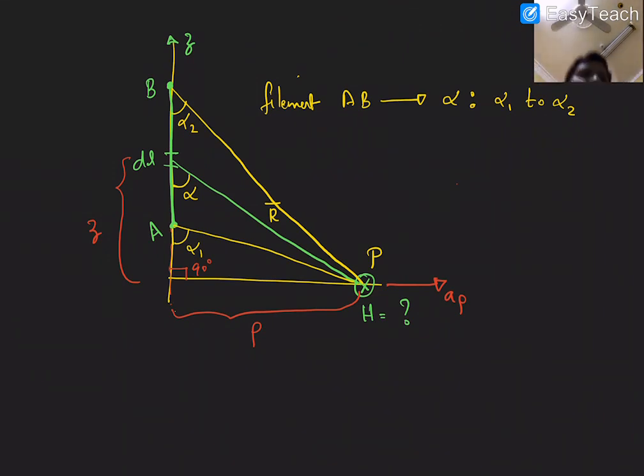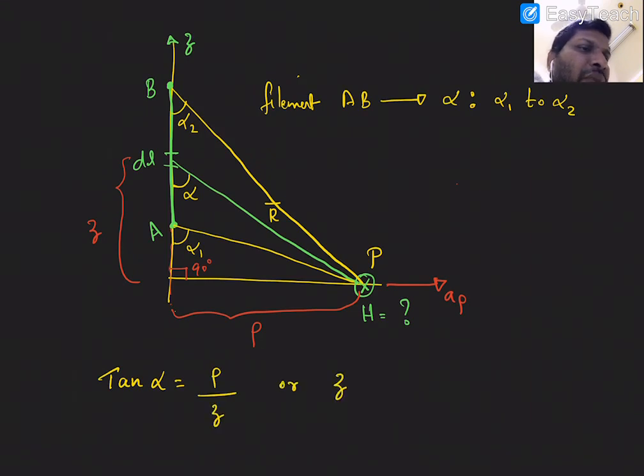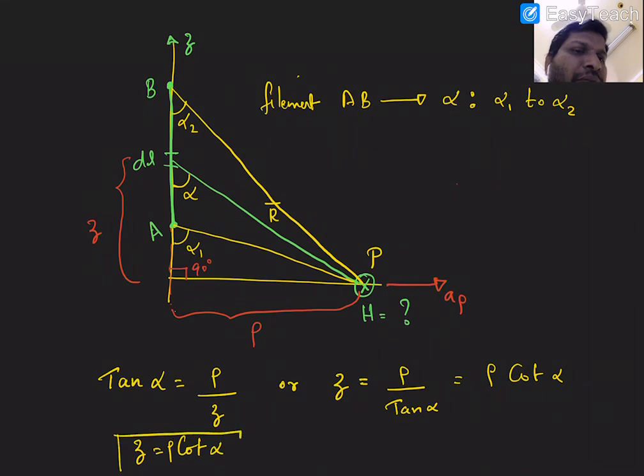Now you see here, what is tan alpha? Tan alpha is the opposite side, that means rho divided by z, or I can say z equals rho over tan alpha. What is 1 over tan alpha? It is cot alpha. So we got z is equal to rho times cot alpha.